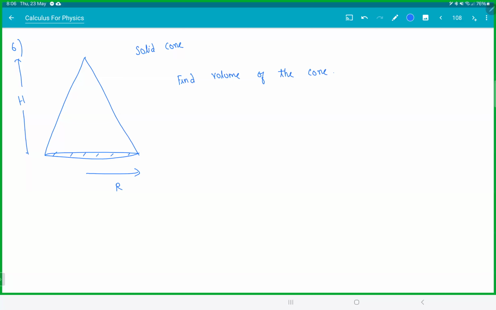So first important thing is how will you choose an element? Start from there. Everyone knows the answer, right? Volume of a cone.